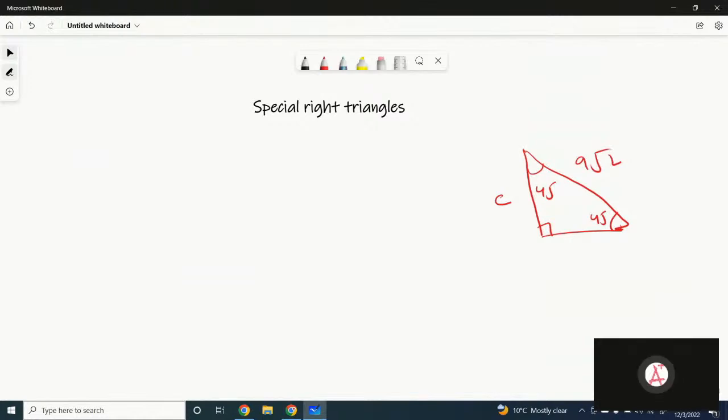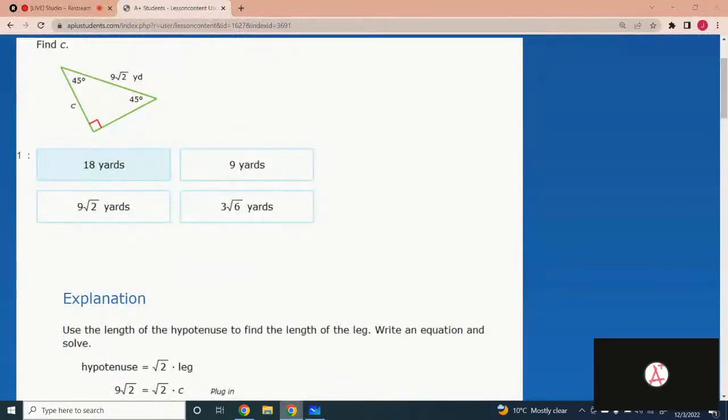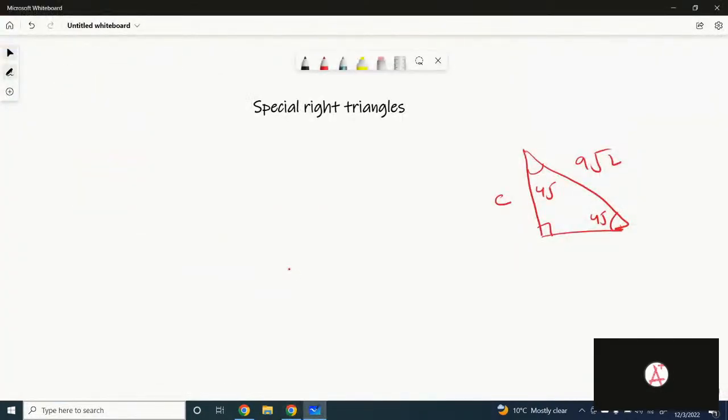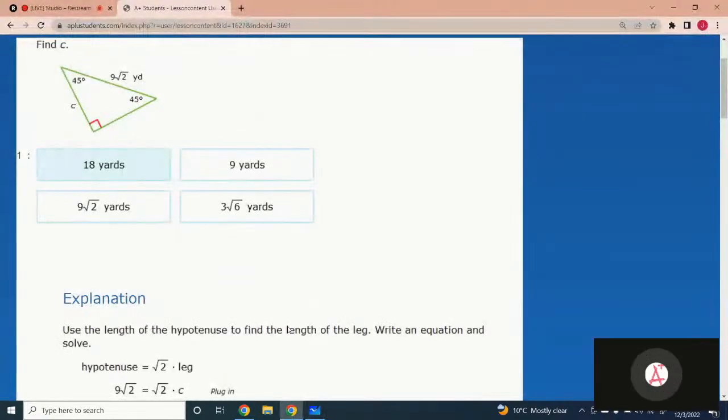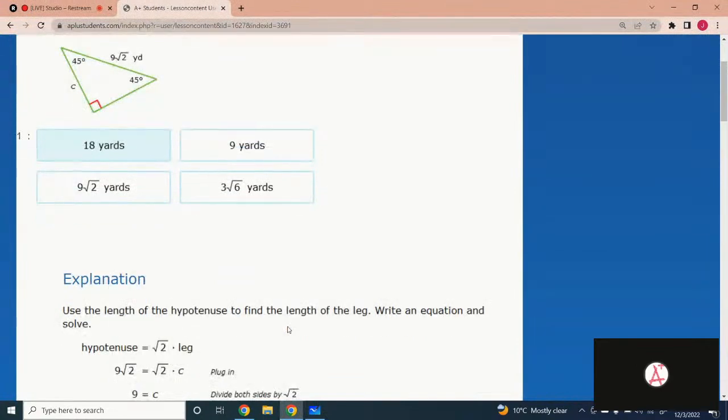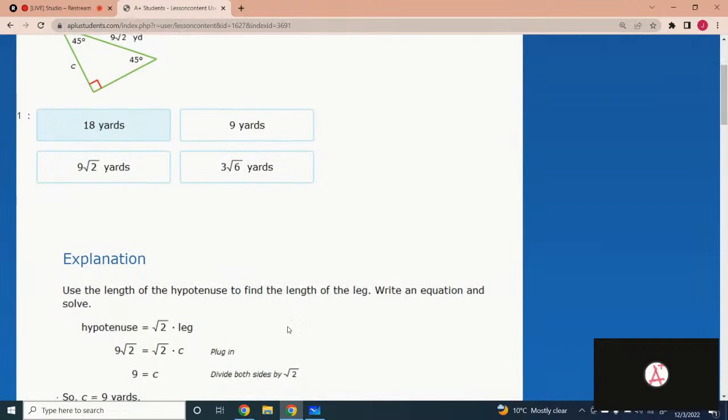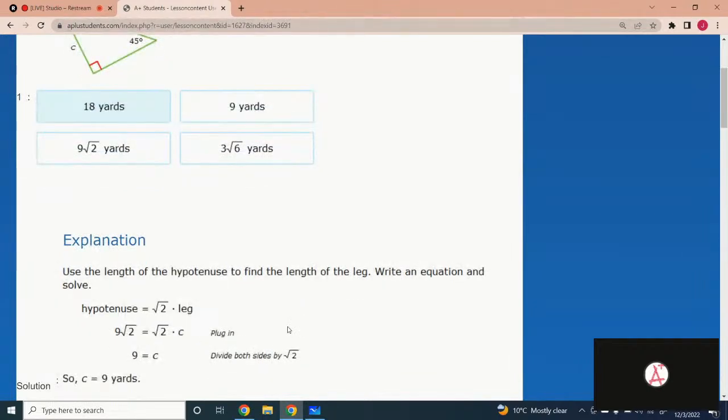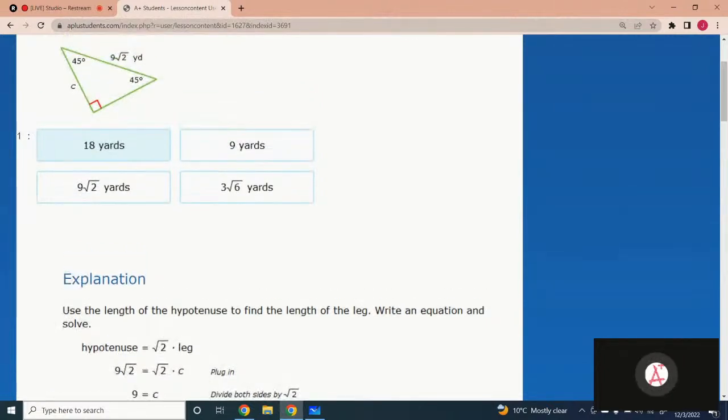So C equals, okay, so the hypotenuse is 9 square root 2.